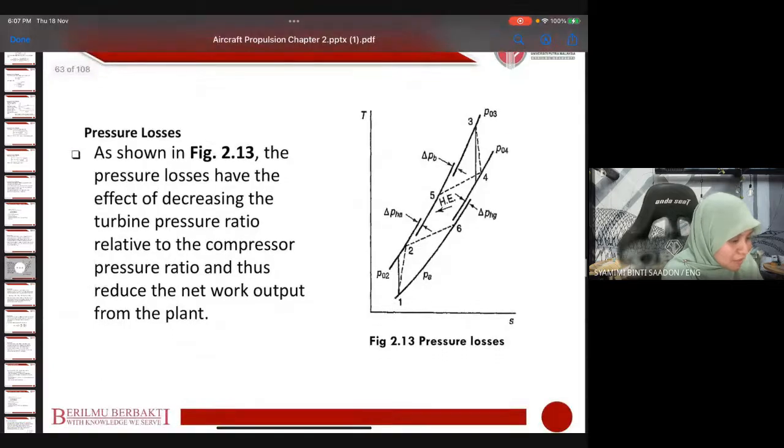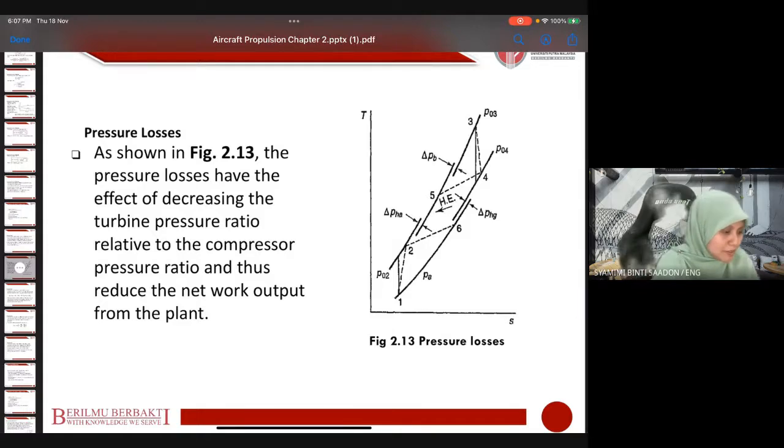If you look at the figure of the cycle, the TS diagram, temperature versus entropy diagram, the pressure loss has the effect of decreasing the turbine pressure ratio relative to the compressor pressure ratio, and thus reduces the net work output from the plant.